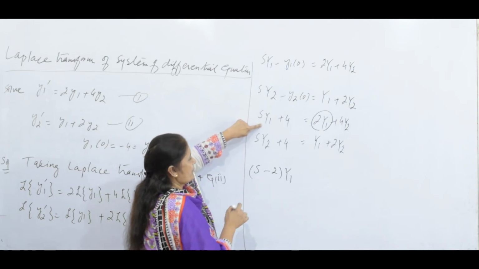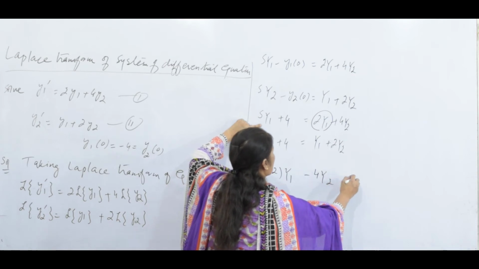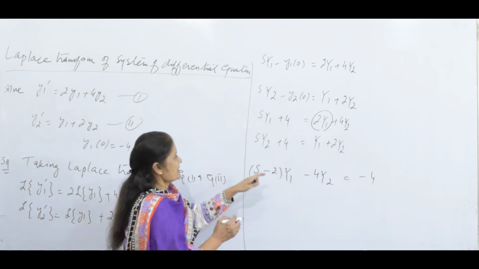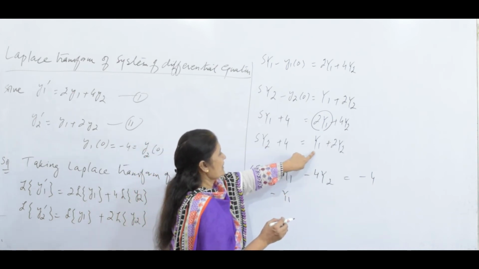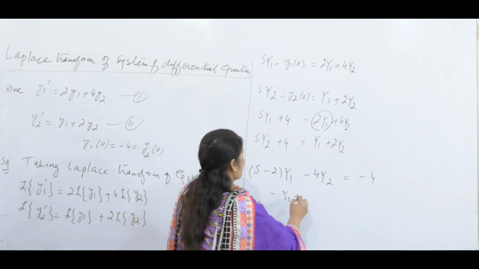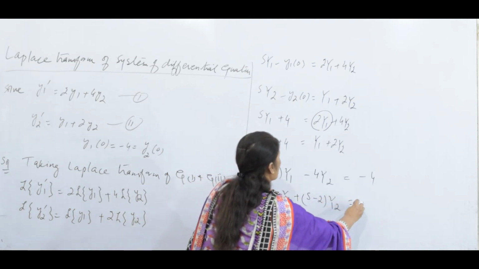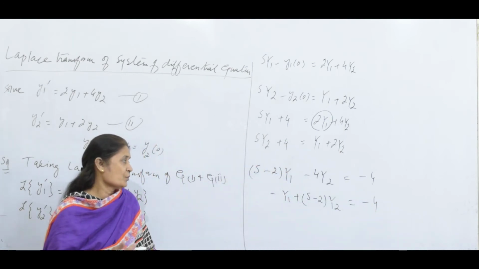Y1 is common. s minus 2, minus 4Y2 is equal to minus 4. This Y2 I am taking on the left hand side. Similarly, minus Y1, this Y1 I am taking here, plus s minus 2 Y2 is equal to minus 4. So this is ready for Cramer's rule now.